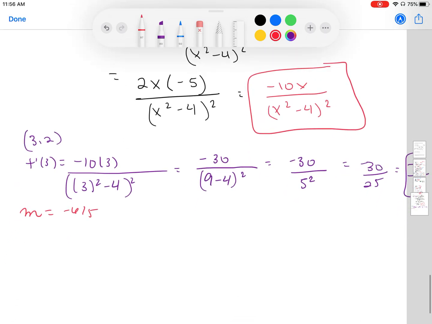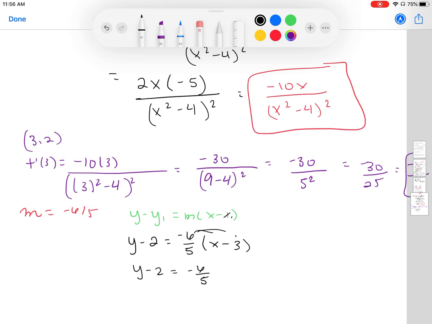Okay, now let's use our point slope formula. So that we have y minus 2 is equal to negative 6 over 5 times x minus x1, which is 3. So we distribute in our negative 6 over 5. I have y minus 2 equals negative 6 over 5x plus 18 over 5.